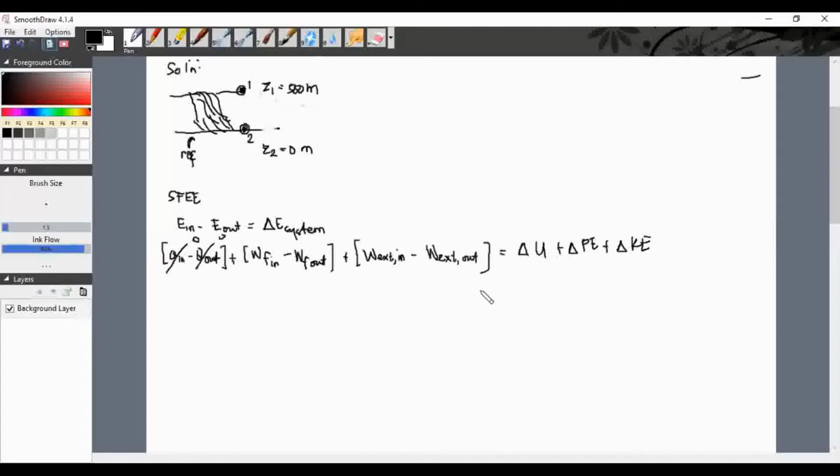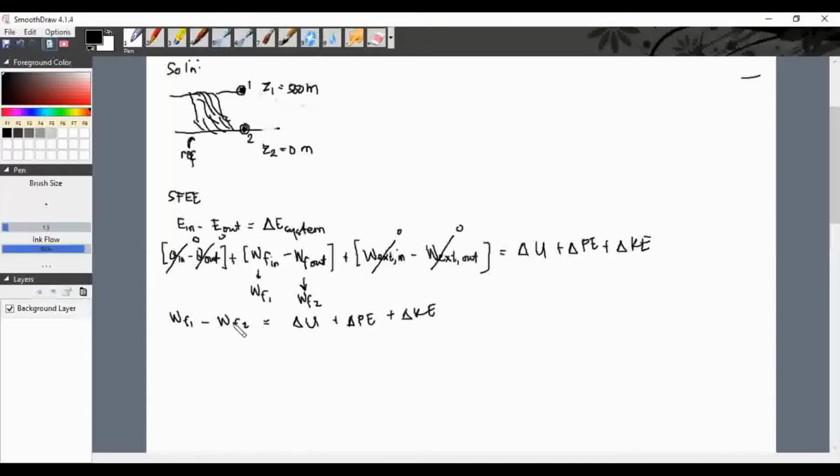There is also no work in and no work out. So this is what remains. Let us combine: flow work 1 minus flow work 2 equals delta U plus delta PE plus delta KE.